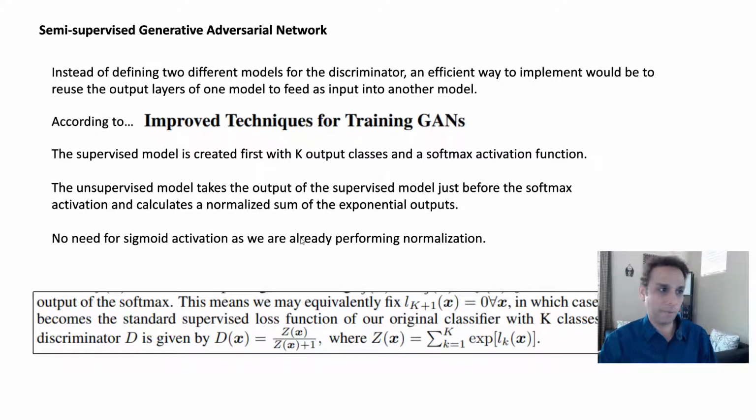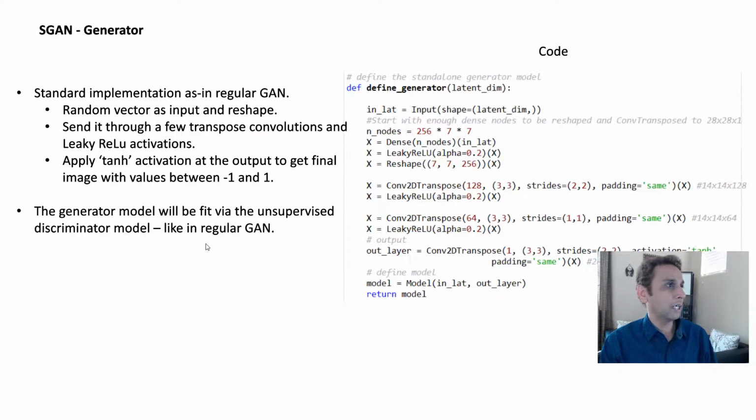So it reflects some sort of a probability. Here you don't have to do that because this is already normalized. So no point in adding a sigmoid activation. That's another point here. Now let's look at a few lines of code just to get a quick understanding of, okay, we went through all that, but actually when it comes to implementation, it's not that tricky. It's not that difficult, I should say.